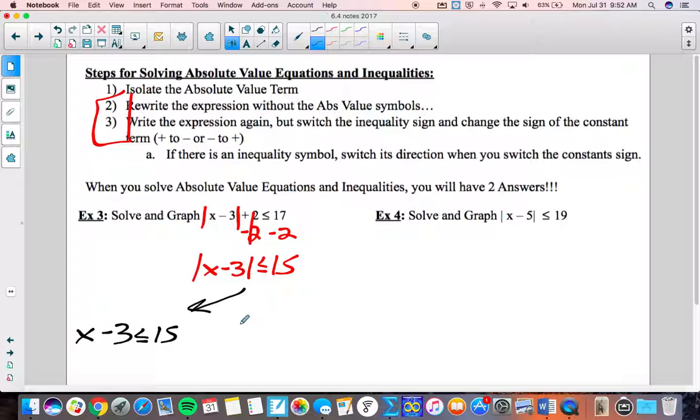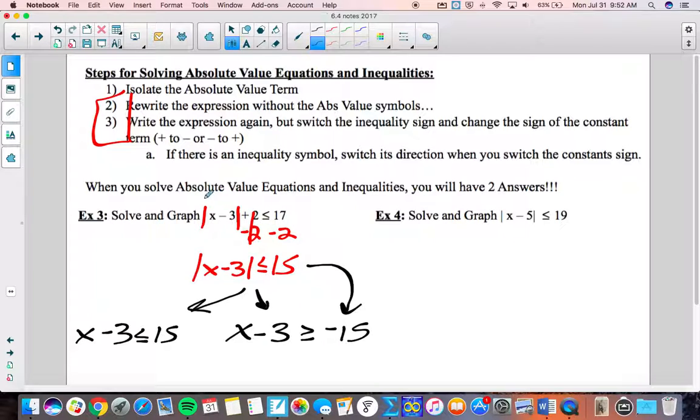So x minus 3, that expression stays the same. This 15, like we did with the absolute value equations, switches to -15. And the less than or equal to symbol changes to greater than or equal to symbol. The Pac-Man direction flipped.